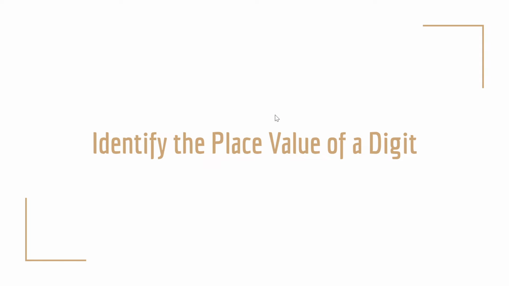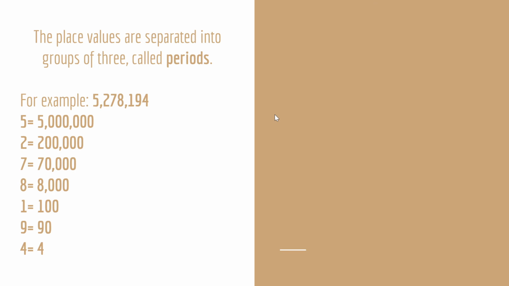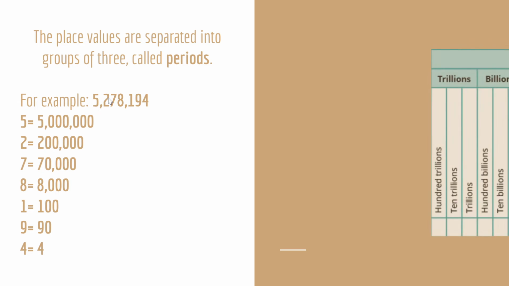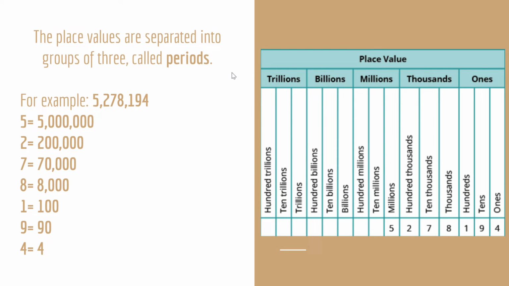And next, identify the place value of a digit. The place values are separated into groups of 3, called periods. For example, 5278194 is separated into 3 periods. In the picture on the right, we can see that there are 5 different periods: ones, thousands, millions, billions, trillions. There are more periods after trillions, but we don't often use them, so they didn't show it in this picture.